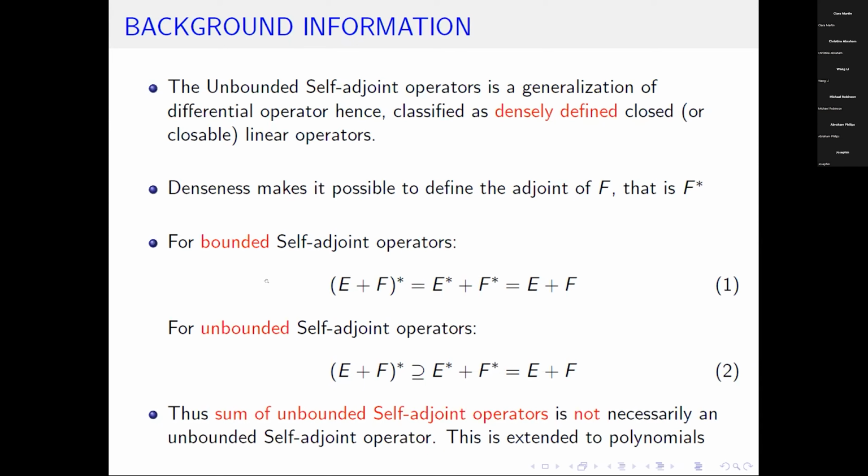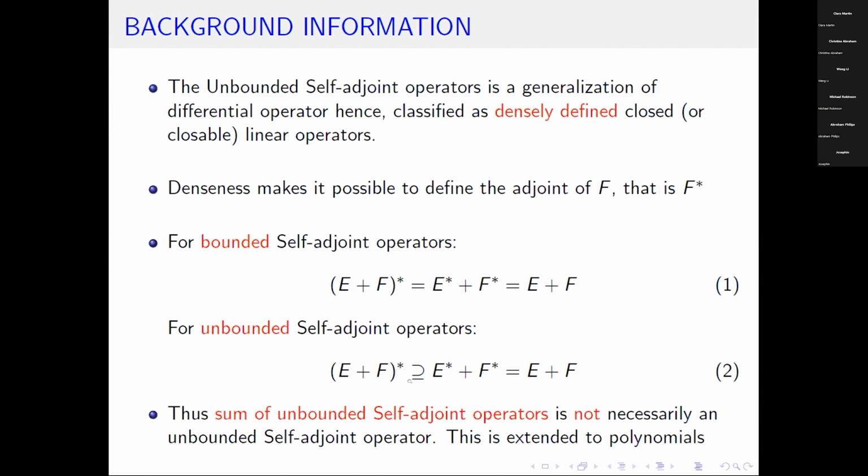But when they're unbounded, this is not the case. We have equation 2, that the adjoint of the sum of the operators is just an extension of the sum of the individual adjoints. And this is because of denseness, because the operators E and F are densely defined.